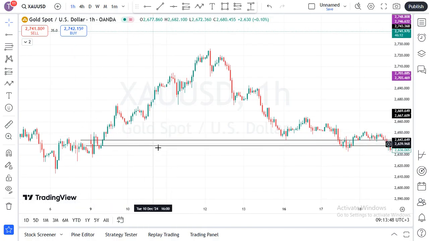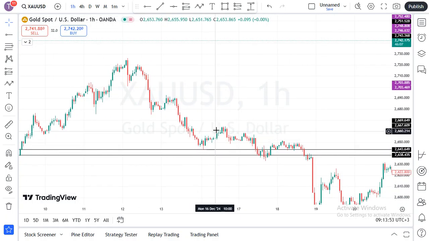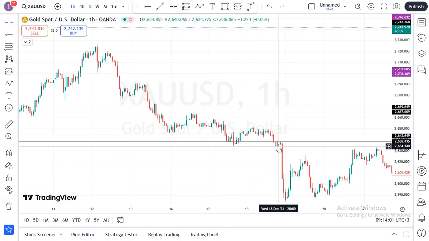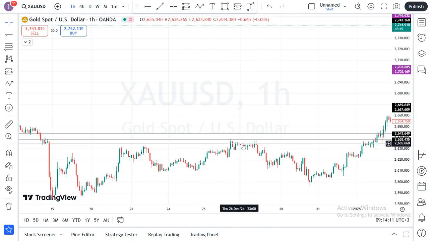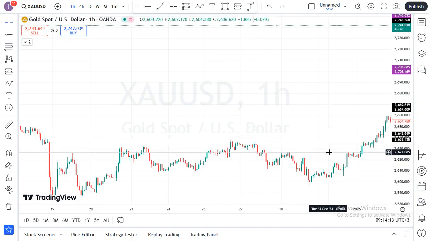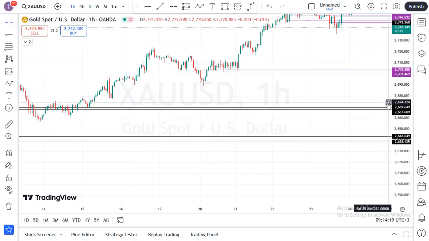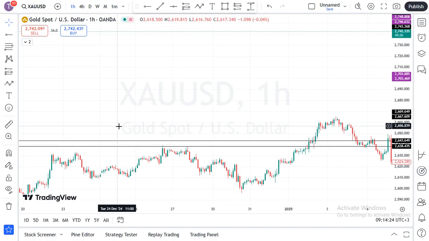So it means this was a great zone. We got a rejection here. Breaking here, as you can see, it broke. After the break, we got a breakout, and then it had to come and test this zone down here also. So this zone was highly respected. These are great zones.